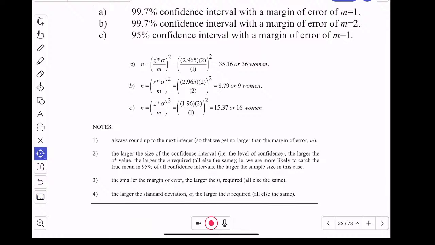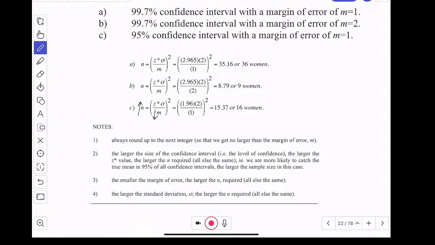So you can see from this formula how each of the variables influence the sample size. Let's say the smaller the margin of error, so the more precision, the larger the sample size.